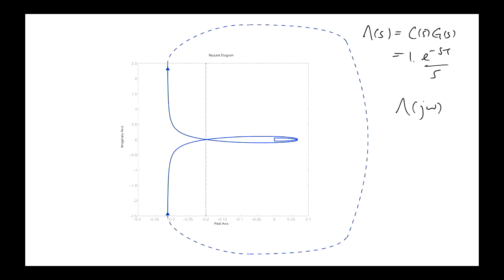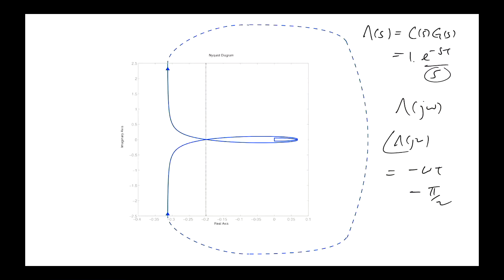Well, the phase of lambda j omega will be minus omega tau, minus pi on 2, because you've got the s there on the denominator. So at omega equals 0, we just get a phase of minus pi on 2.